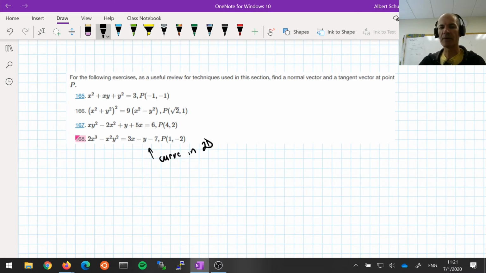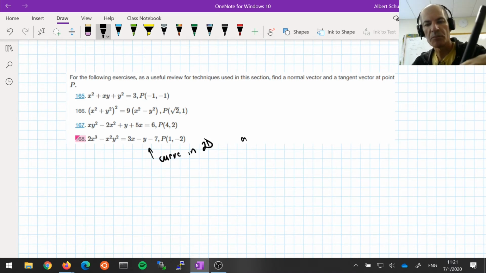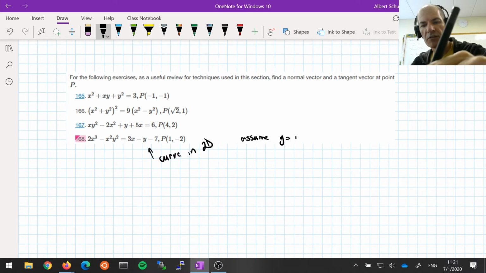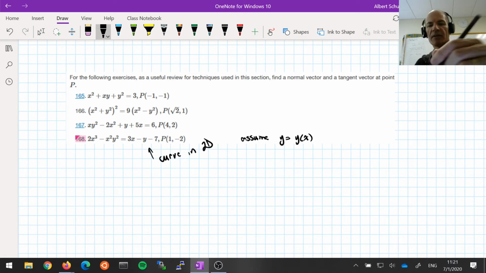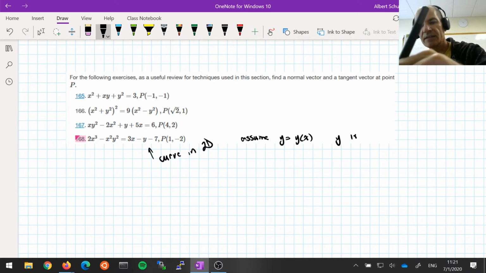But don't forget about Calc 1 when you did implicit differentiation, where we pretended or assumed that y is a function of x. And I'll use this kind of weird notation, just as a reminder that y is a function of x.